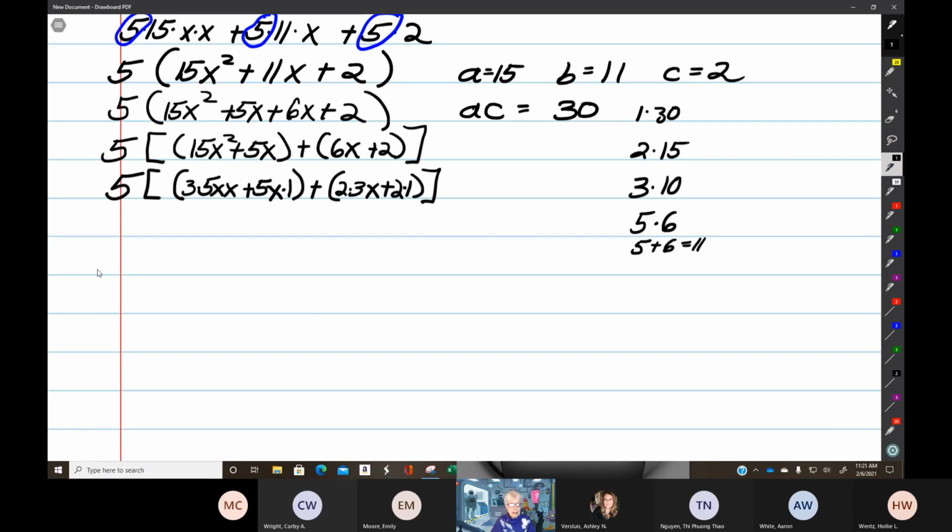Let's protect ourselves, kind of insurance. 5x is your GCF, and what you're left with is leftovers: 3 times x plus, there's a 1 left over, which is why I put it there.